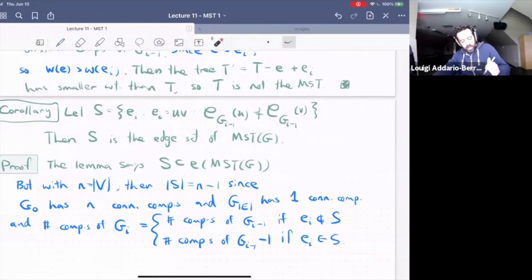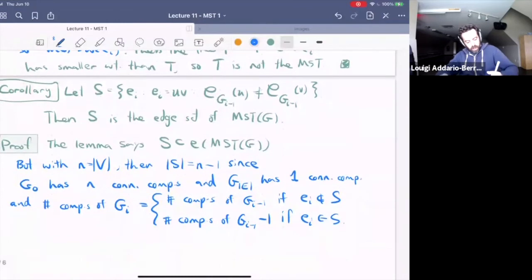The edges of S are precisely the ones that join two distinct connected components of G_{i-1}. So those edges cause the number of components to decrease by 1, the other edges don't, and that number has to decrease from n down to 1, and so it must decrease exactly n minus 1 times.